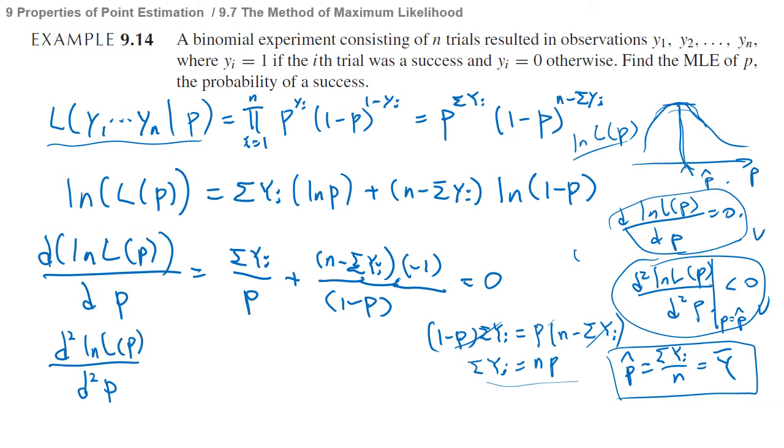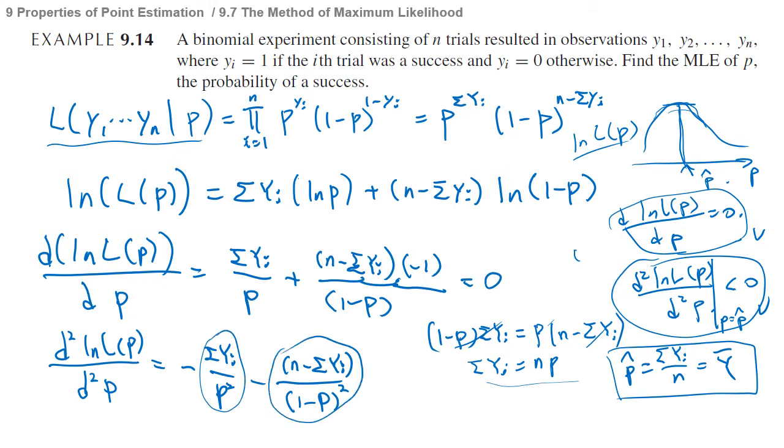It is minus sum of yi over p squared, minus n minus sum of yi over 1 minus p squared. Both of those are positive, so the negative of those positives is negative, so the second derivative is negative.